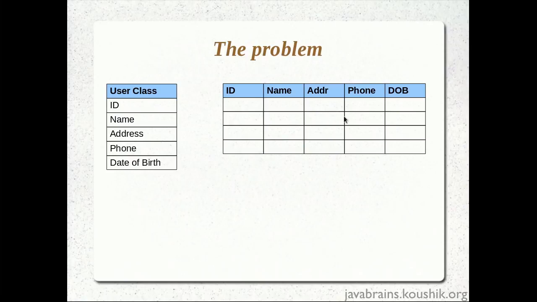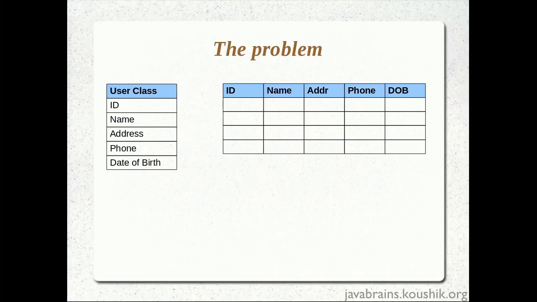This is something that we have been doing over the years. And what we normally do when it comes to a Java application is we would normally use a JDBC connection, and we would connect to the database, and then we would take this user object. Let's say I want to persist user object 1.